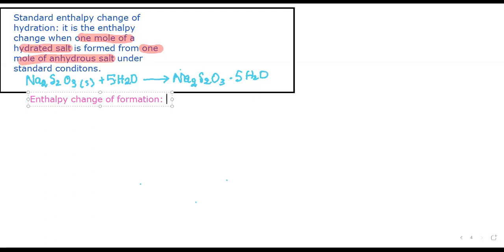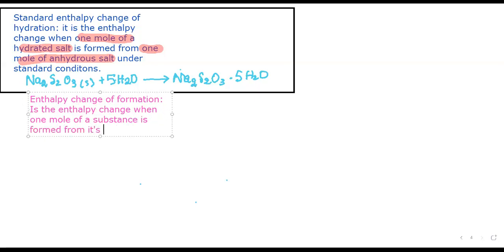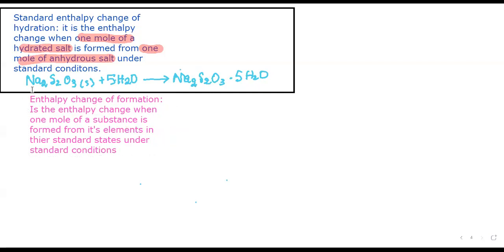Enthalpy change of formation is the enthalpy change when 1 mole of a substance is formed from its elements in their standard states under standard conditions. Let's talk about the definition itself and see if we can understand what it means.